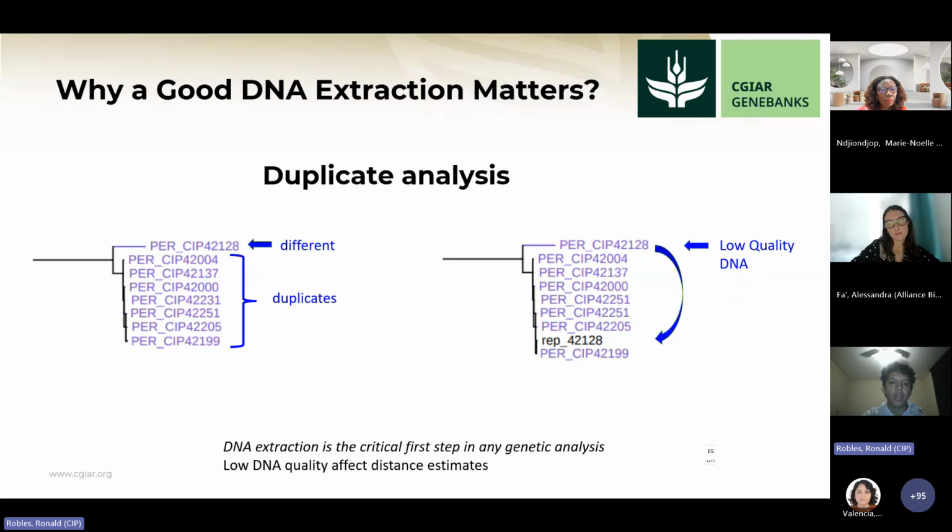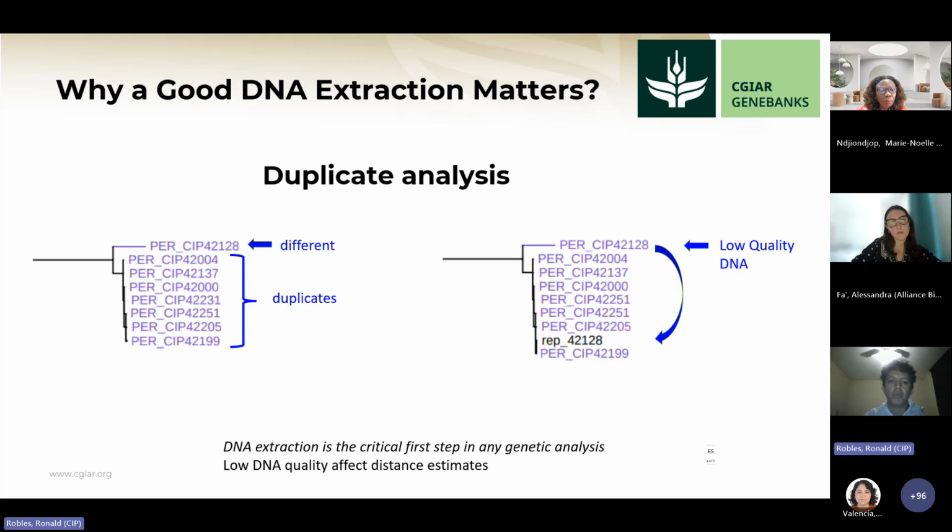Here we see a group of accessions that are very close together, and we can possibly designate these as duplicates. But we also see another accession at the upper part of the group that presents a distance that probably makes us think that it is different.